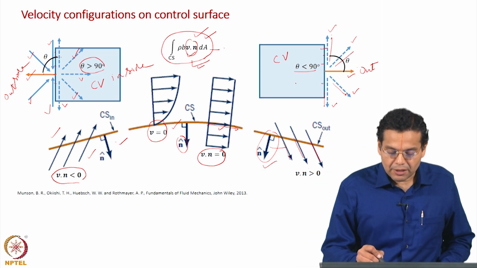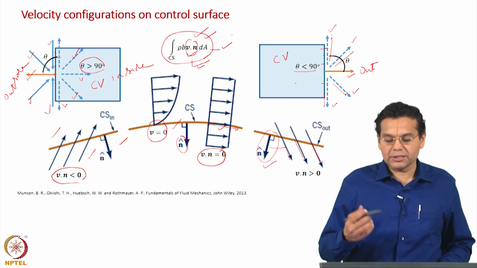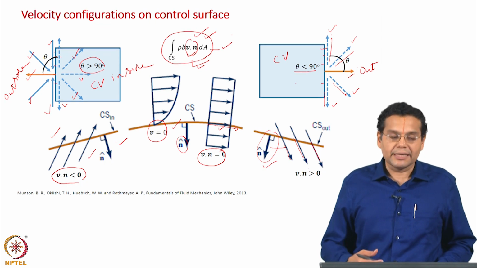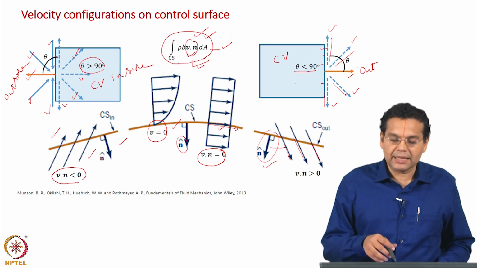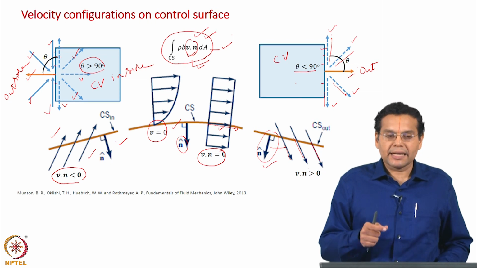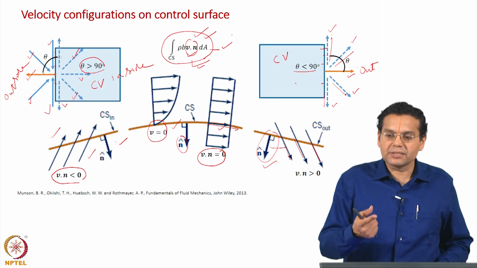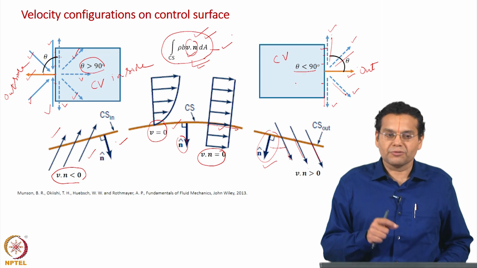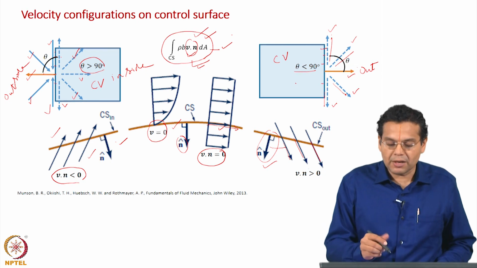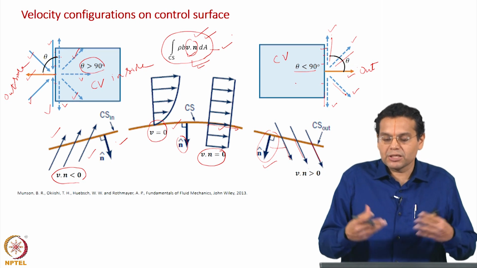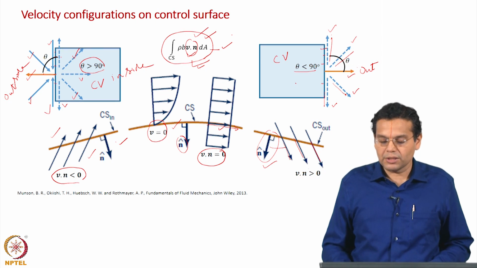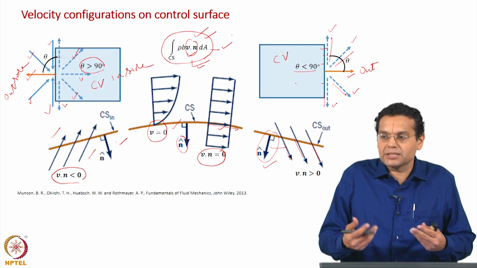Now, because this expression is positive for outflow and negative for inflow, this integral represents the net rate at which property leaves the control volume through the control surface. That word leaves is important, because if this is positive, there is outflow through the control surface. If it is negative, there is inflow.